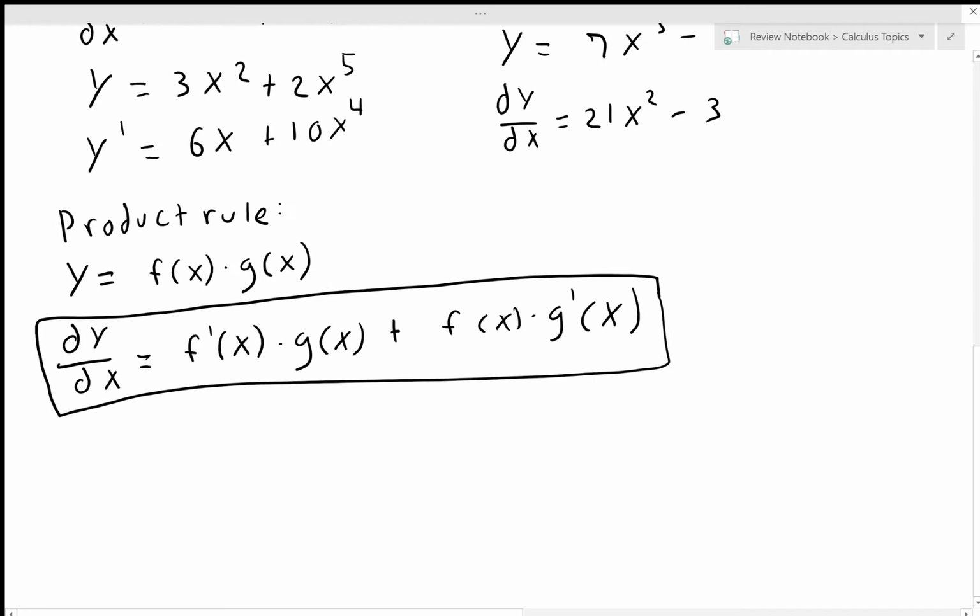And you could do that even if you had, say, 3 functions or 4 functions: a of x, b of x, c of x, and d of x.